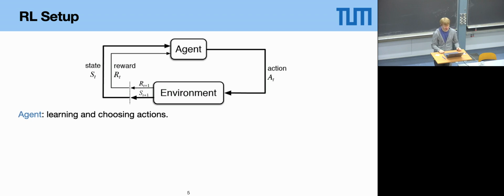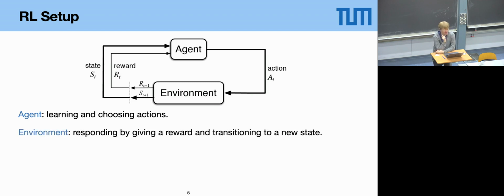The agent is the entity that learns and chooses actions. It can also be called a controller, or in a game context, a player. And the actions that it outputs go to the environment. The environment outputs a reward and a new state of the environment.